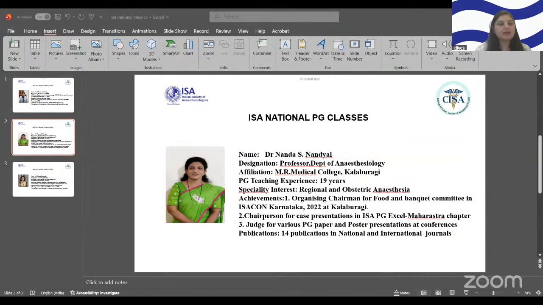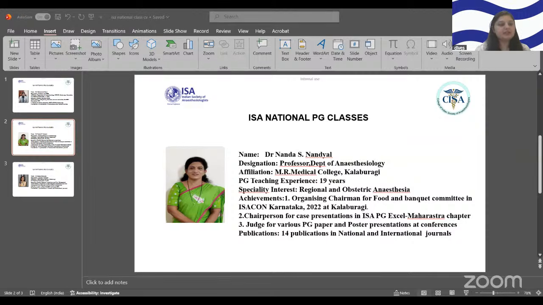She has been an active academic and leader, serving as organizing chairperson for the Food and Banquet Committee at ISACon Karnataka 2022, and also chairperson for the case presentation at ISA PG Excel Maharashtra chapter, and judge for multiple PG paper and poster presentations at various conferences. She has 14 publications to her credit in both national and international journals.